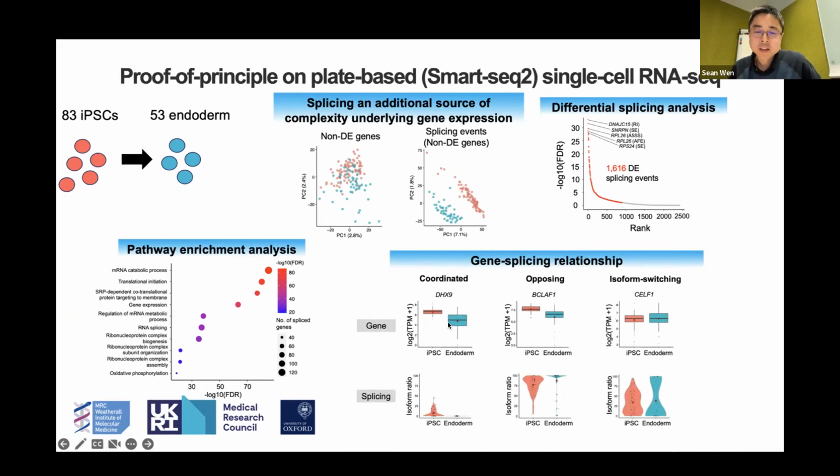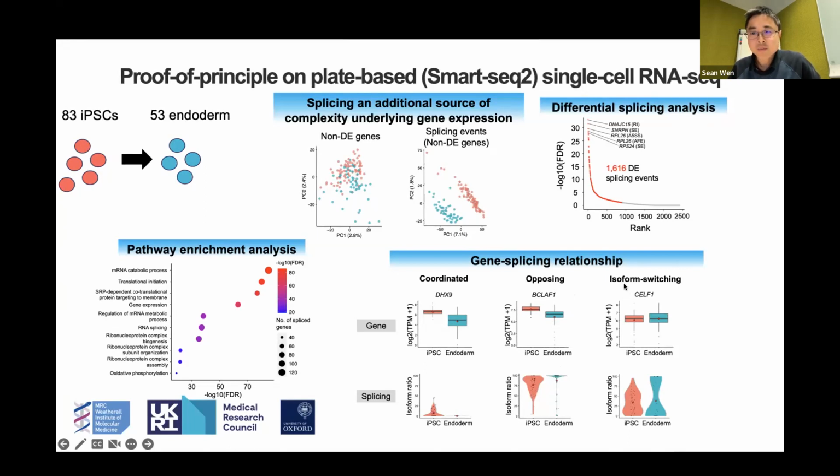For example, for this particular gene, DHX9, its gene expression is downregulated in endoderm, and you can see that this particular isoform is also downregulated in the same direction as the gene. Opposing means that the direction of gene expression change is in the opposite direction to splicing. Over here, you will see a downregulation of this gene in endoderm, but at the isoform level, it is upregulated in the endoderm population.